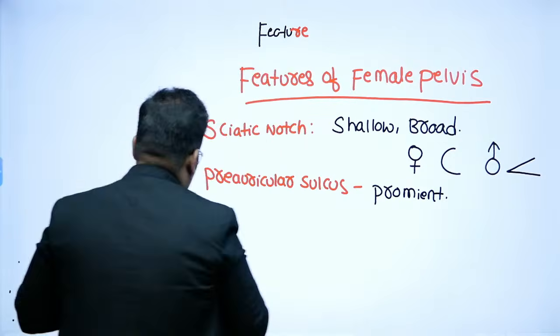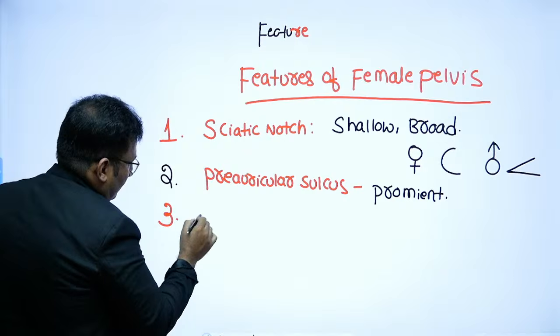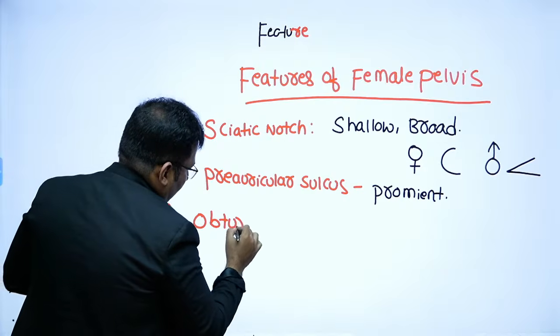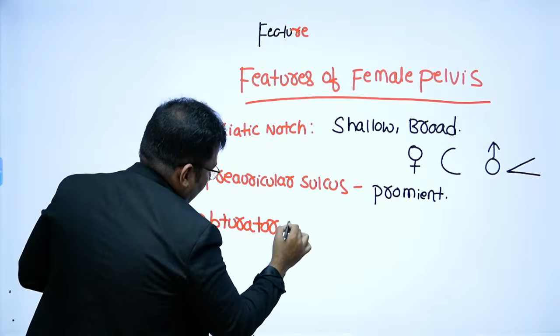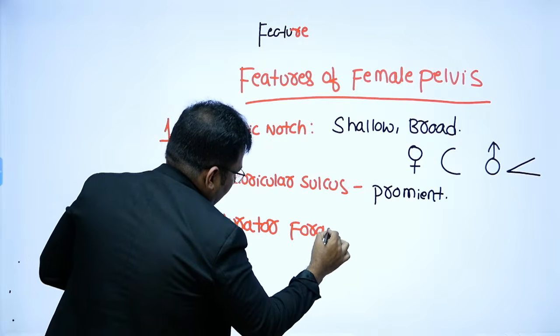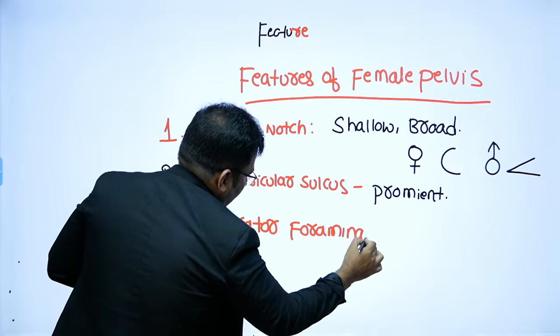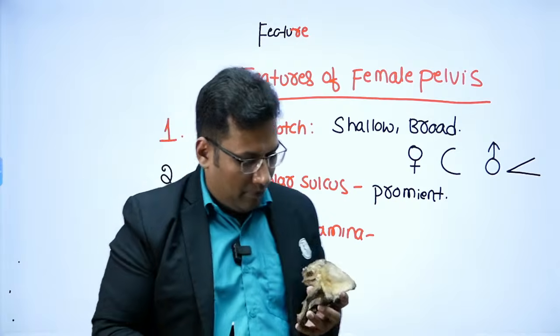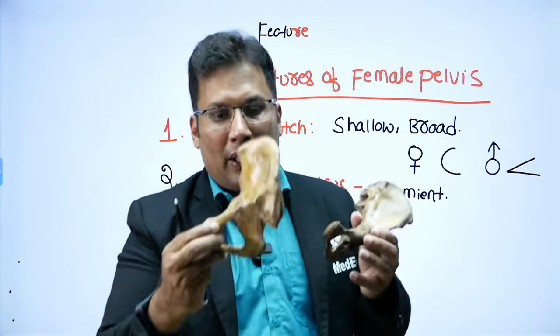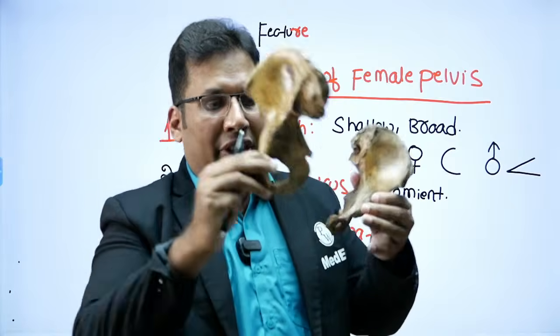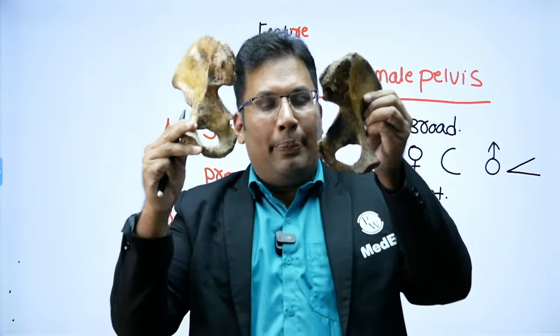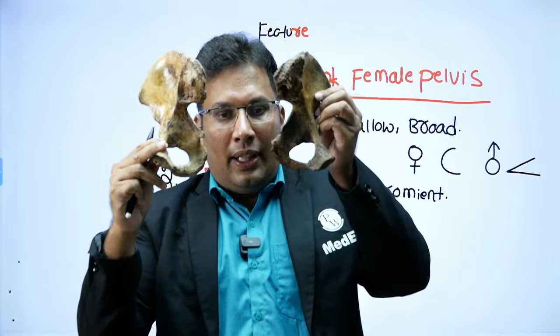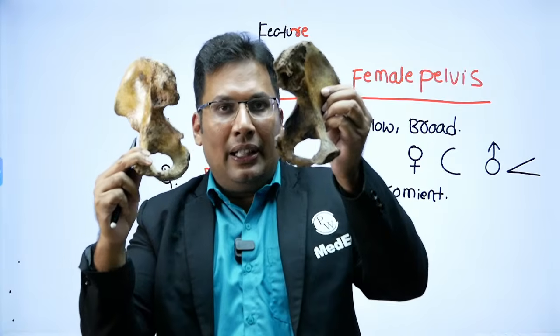Now you also compare the obturator foramina. Very important. Look at the obturator foramina. Let me know what the shape is in both. Try to identify, this is male and this is female.